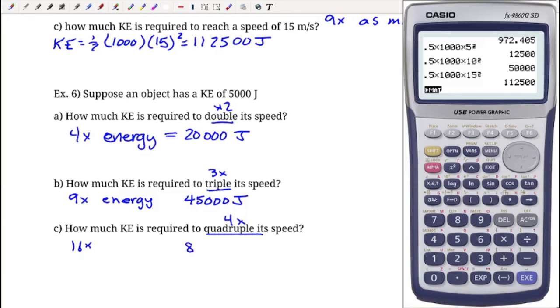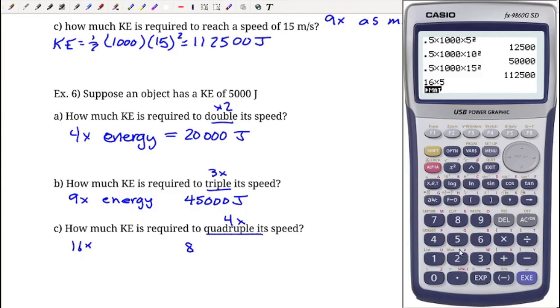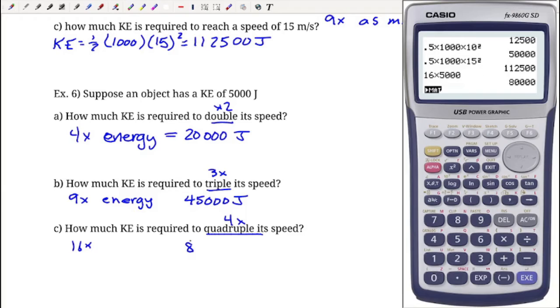Well, let me just double check that. I'm doubting myself. 16 times 5,000, it is 80,000 joules. So the faster you go, the more energy that is required at a speed squared rate.